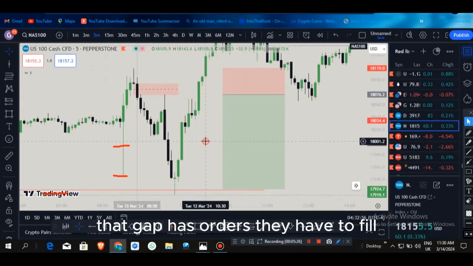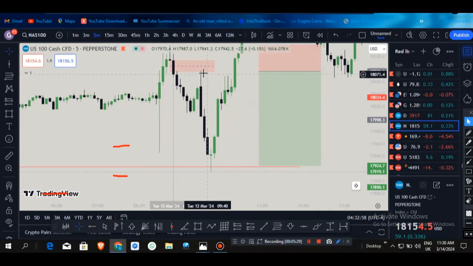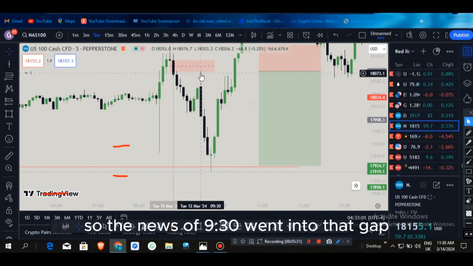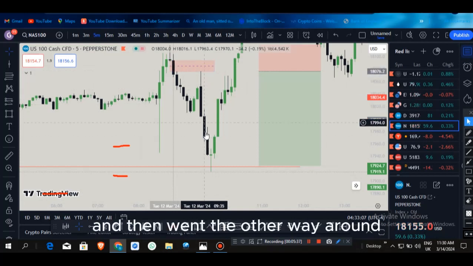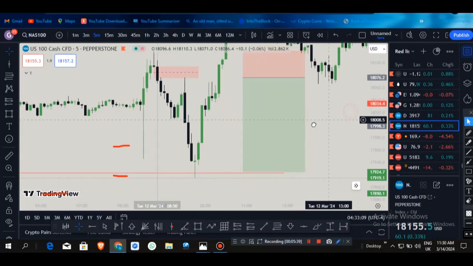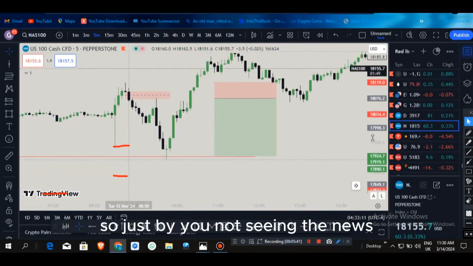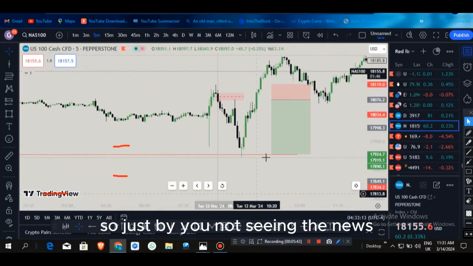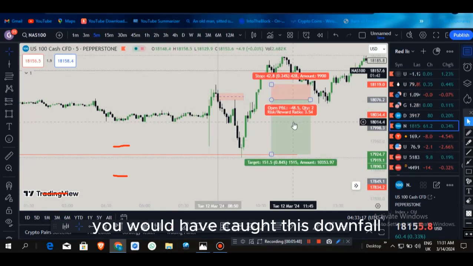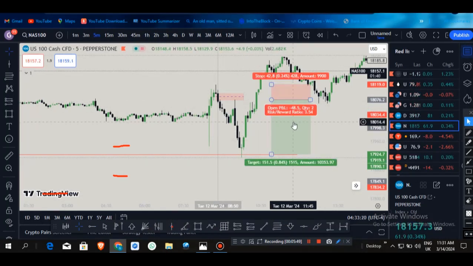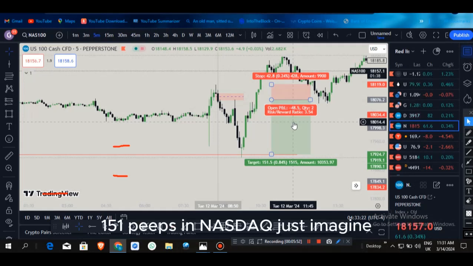That gap has orders they have to fill. So the 9.30 news went into that gap, and then went the other way around. So even without seeing the news, you would have caught this downfall. 151 pips in Nasdaq. Just imagine.